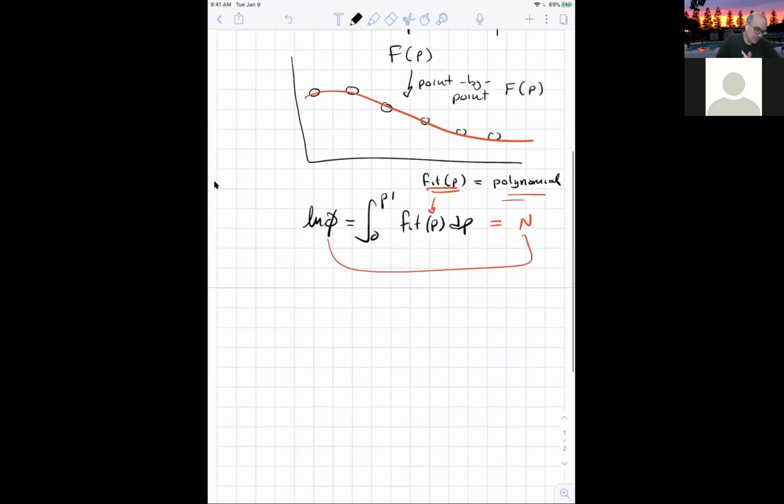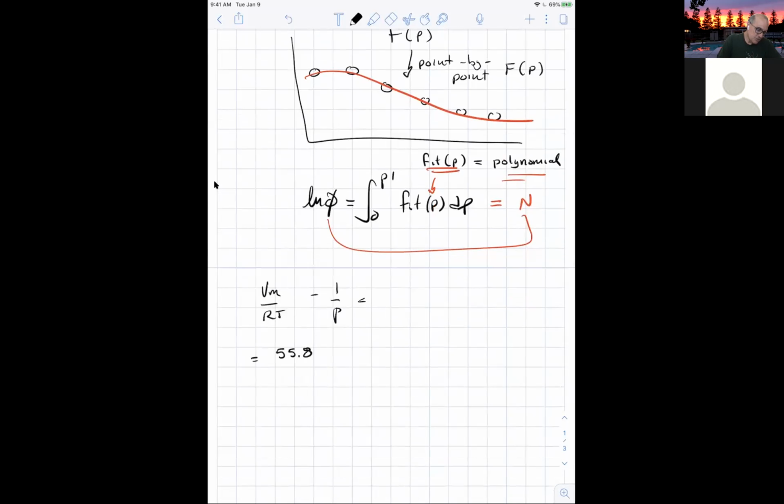So for example, Vm over RT minus 1 over P. Now, naively, and this is the tricky part, right? It's 55.896 times 10 to the minus 3 meters cubed per mole. So we're just going to do a calculation on paper here, right?